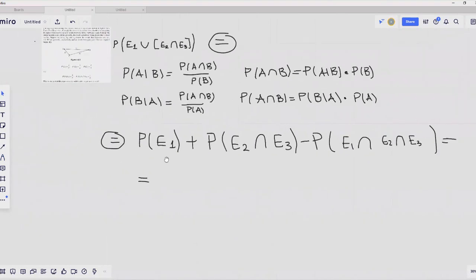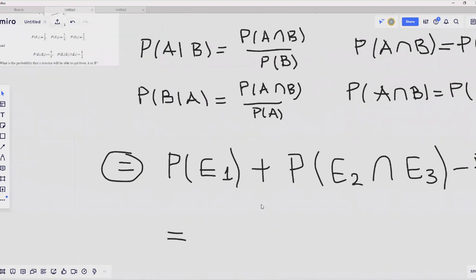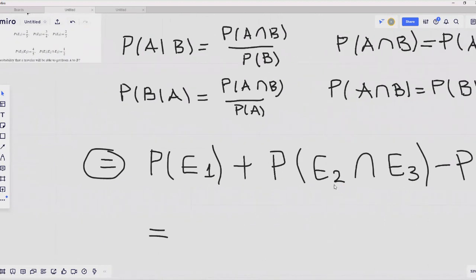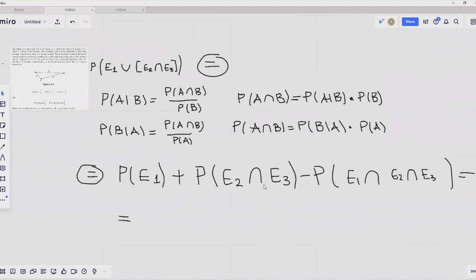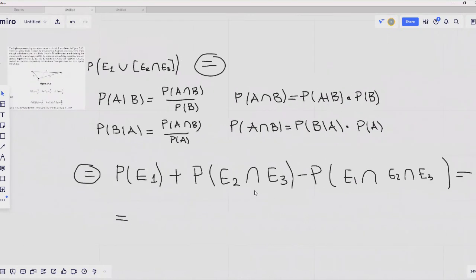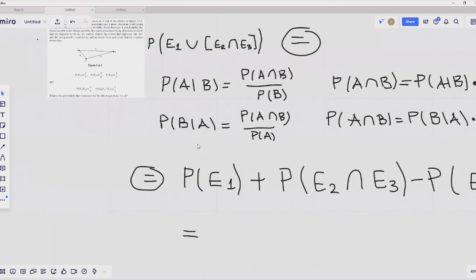Now we know the probability of E1. We'll leave it as it is. We do not know the probability of E2 intersection with E3, which we can express in the following two ways. First one, we can express it as the probability of E2 given E3 multiplied by the probability of E3.